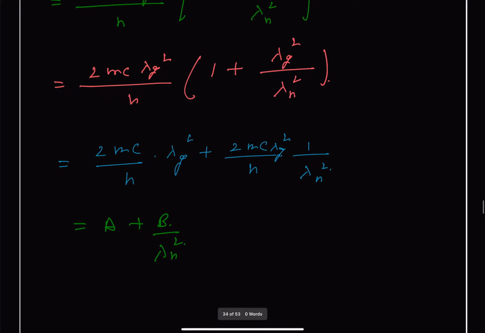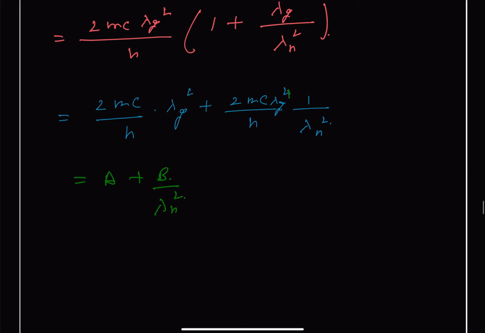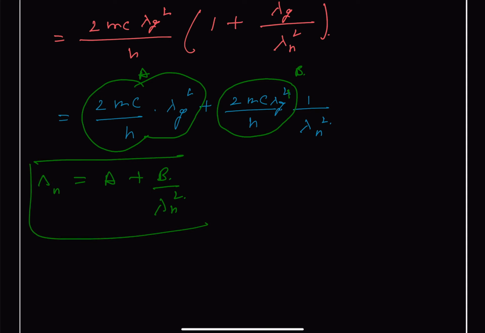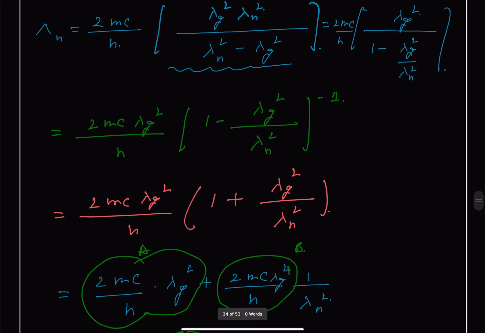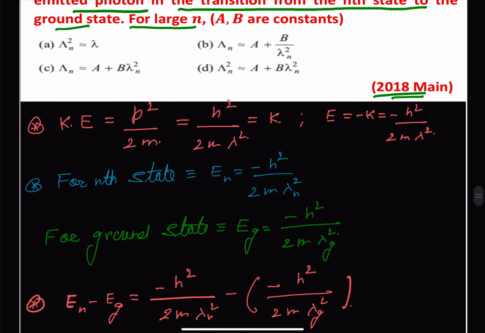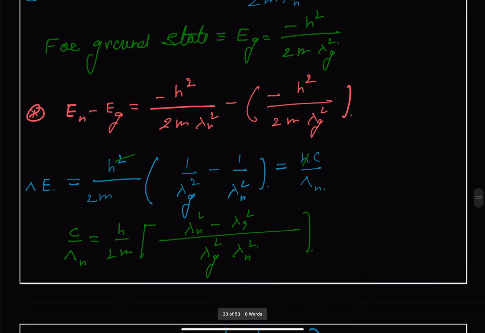The entire first term is a constant represented as a, and this is a second constant which is represented as b. So therefore delta n is given as a plus b divided by lambda n square. Option B is correct.